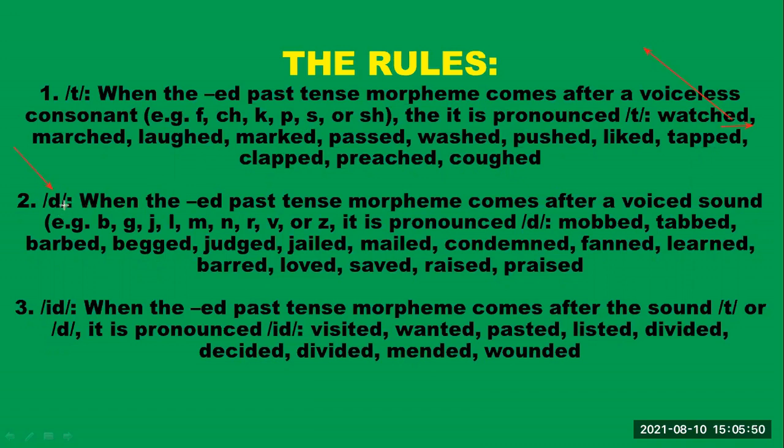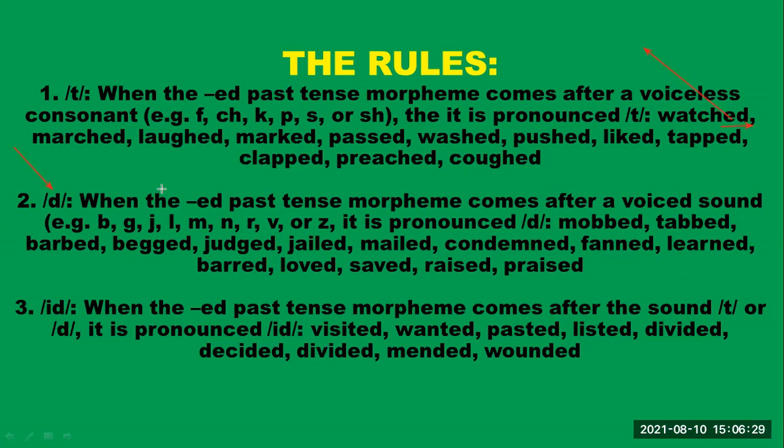You see that D represents the ED past tense morpheme when ED comes after a voiced sound. All right? And there's a difference between voiced and voiceless sound. And this actually is something you notice when you place your two fingers on your throat, or that lump that is called the Adam's apple on your throat.